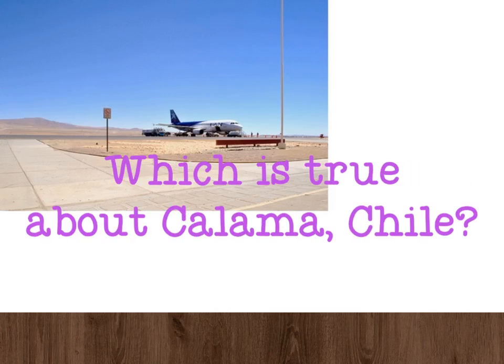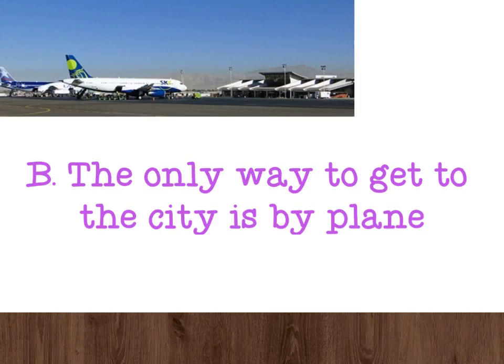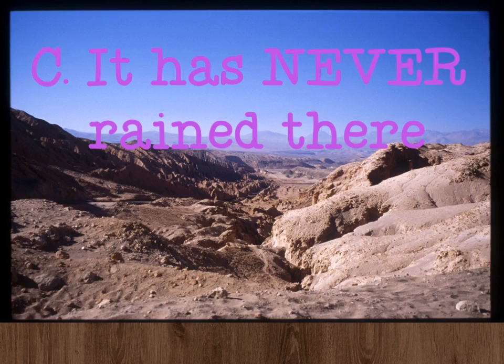Okay, so go ahead and raise your hand if you think the city is on top of a volcano. Raise your hand if you think the only way to get to the city is by plane. Raise your hand if you think it has never rained there.